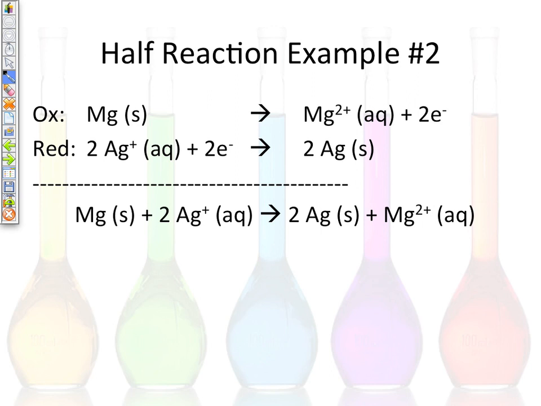The reduction half of my reaction is already balanced out for us. So normally I would just have Ag+ plus an electron goes to Ag. But it's already been balanced because I know I need 2 electrons that are going to be able to cancel one another out. So I multiplied my entire equation by 2.